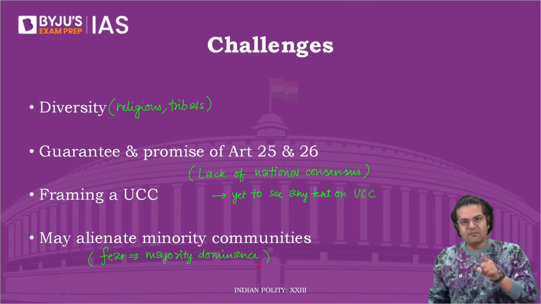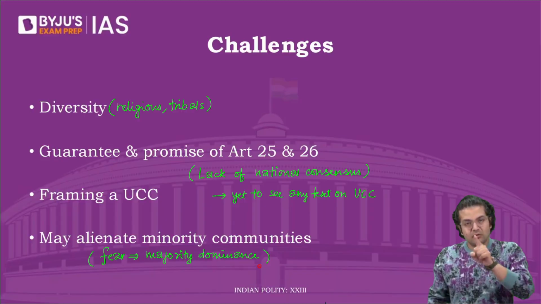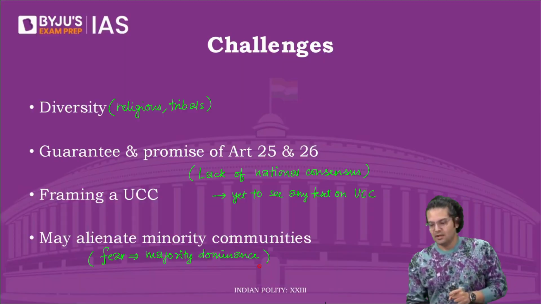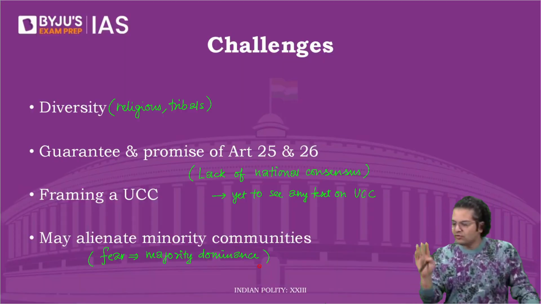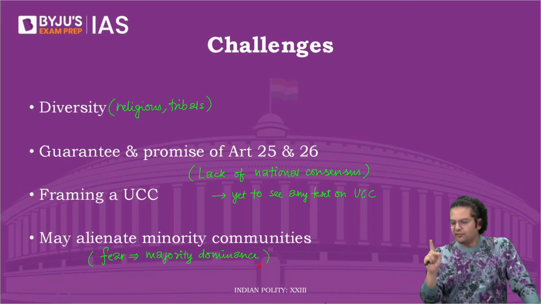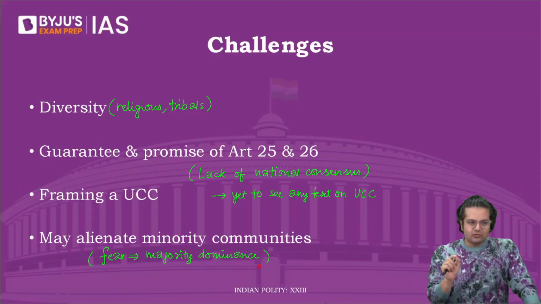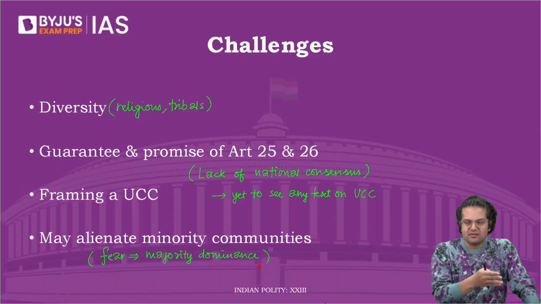The problem with UCC's implementation is that the intention is never resolving problems. Otherwise, I'll tell you a simple point. Most of you agree, forget all that we want a common law, etc. Most of you agree that when it comes to religious laws, they are biased against weaker sections and women.